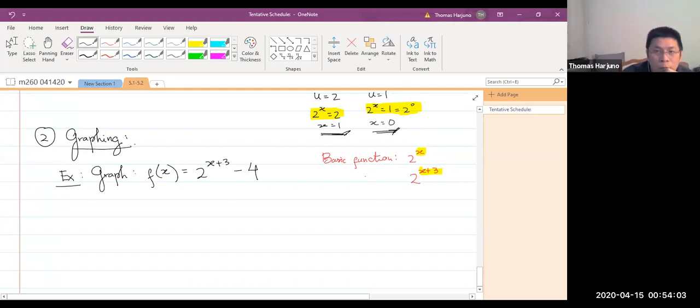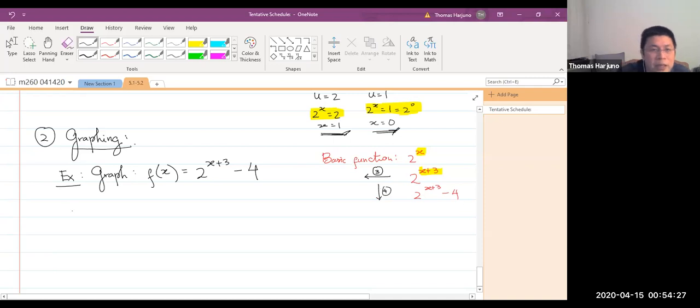We move 3 units to the left. Now then, when I have 2 to the x plus 3 minus 4, then I move the graph down by 4 units.